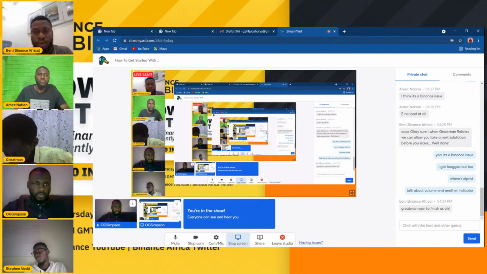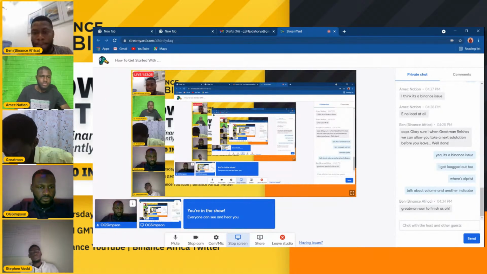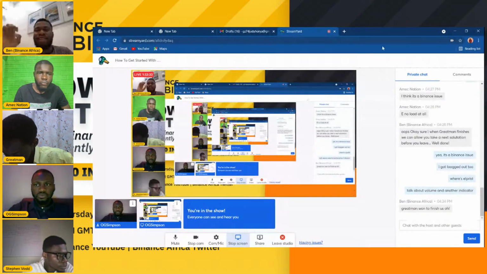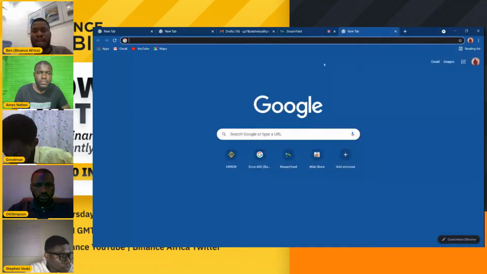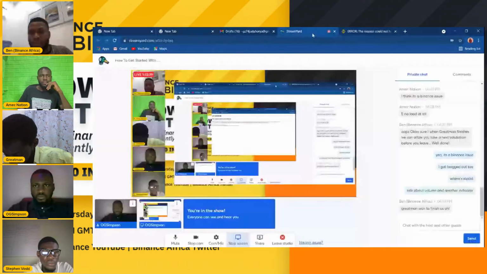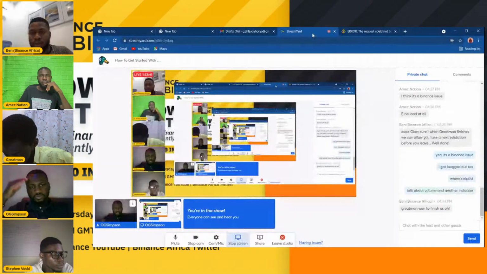Voski, can you share your screen if you have good network? I just want our users and everybody to have a clear, simple understanding of what we're talking about and relate to it. Same error message.